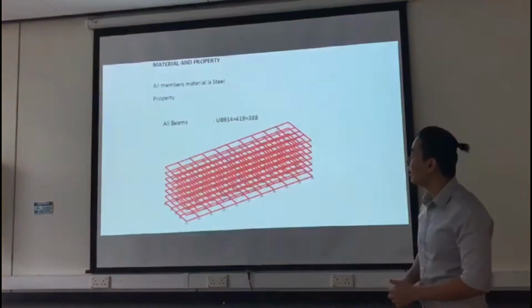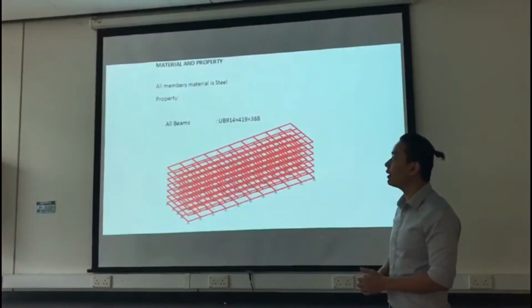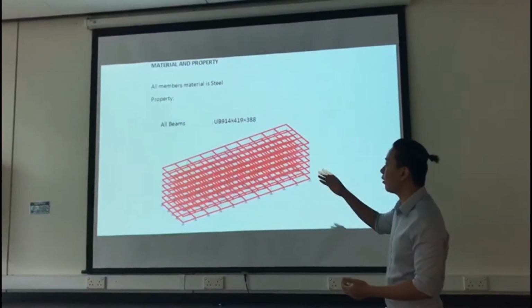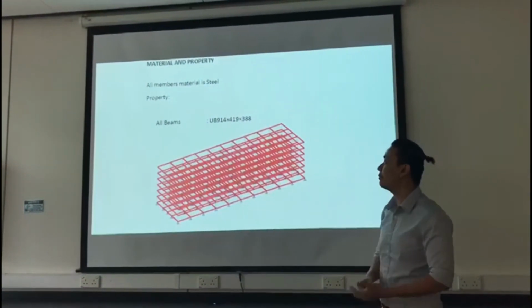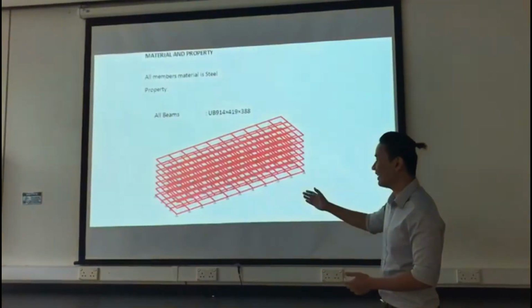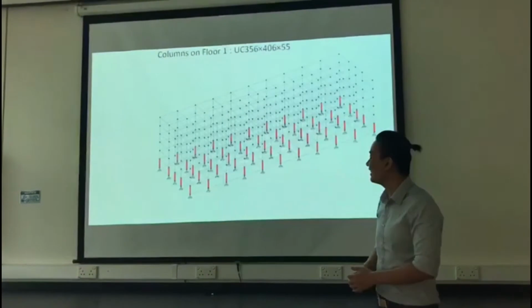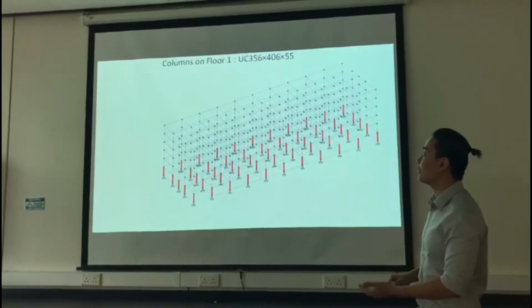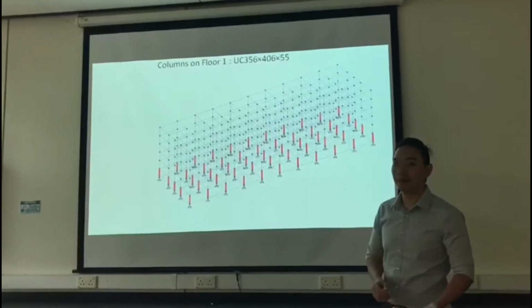Next slide. For the material and properties, all the members are steel, and all beams are UB 914 by 419 by 388, as you can see here. Next. And then on the first floor we have UC 356 by 406 by 55.